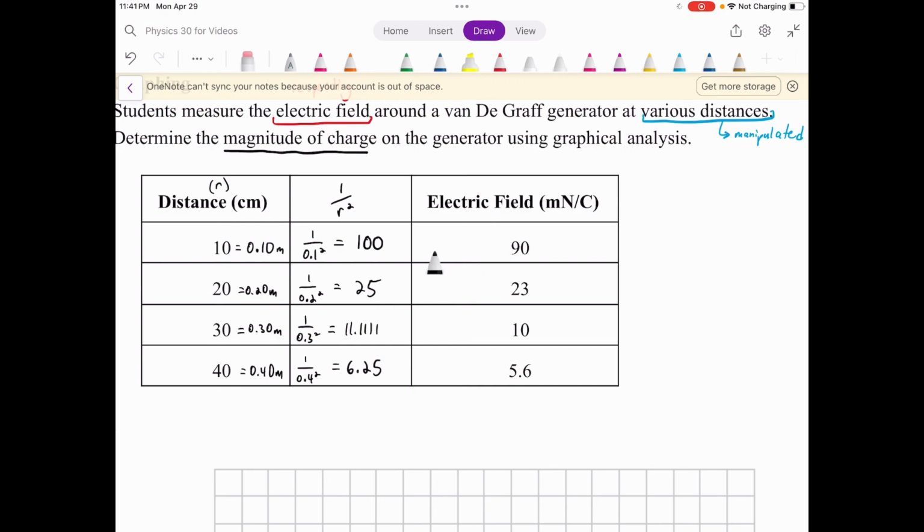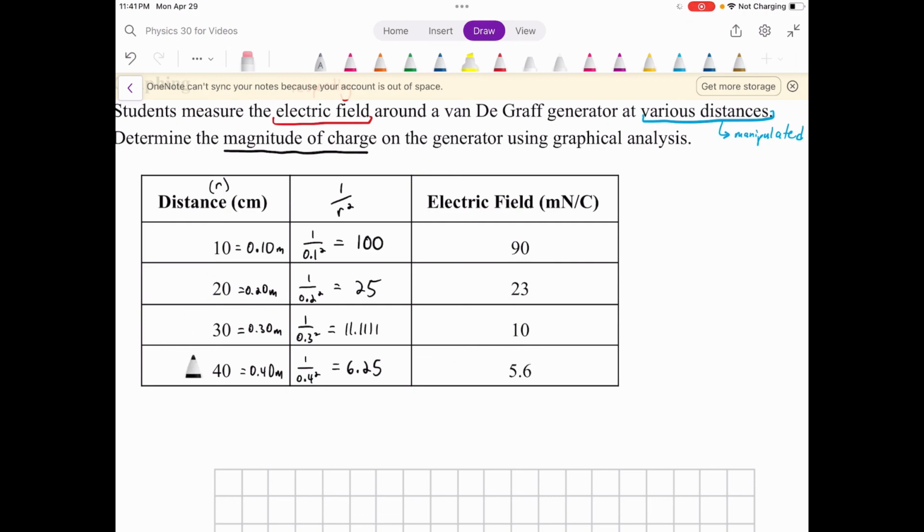We can tell this worked a little bit better now, right? Because look, before, when r was, for example, doubling, the electric field was getting roughly 1/4, a little bit less than that, but 1/4-ish as large. But then when r tripled, it got 9 times smaller, right? When r went from 10 to 30, the electric field went from 90 to 10.